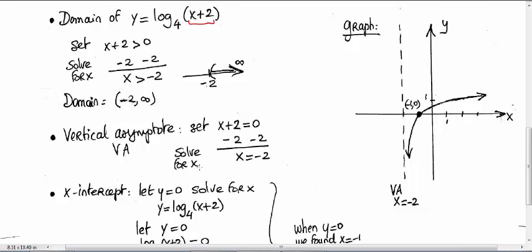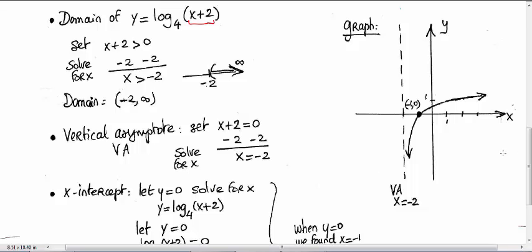And we get that x equal to -2 is the equation of that vertical asymptote. And of course, it's a vertical line when you have just one variable, the variable x, equal to a number.